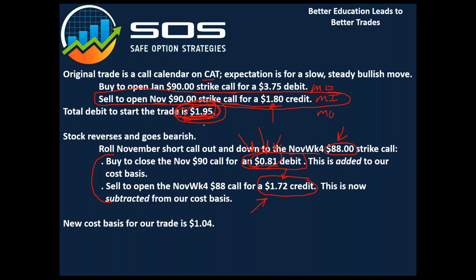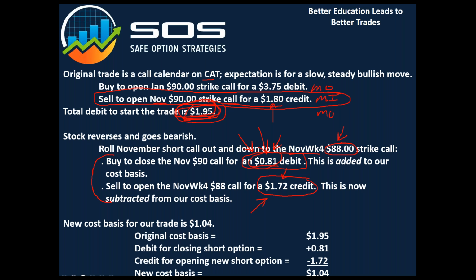And we look at this and say, we're going to lower our cost basis by 91 cents, and that brings us to that $1.04. This is the roll of the option right here. These two parts, the money out, the money back in. We now have a cost basis of $1.04 per share.